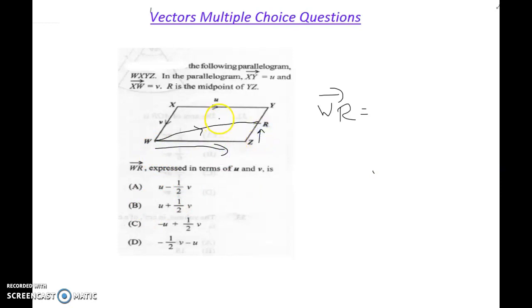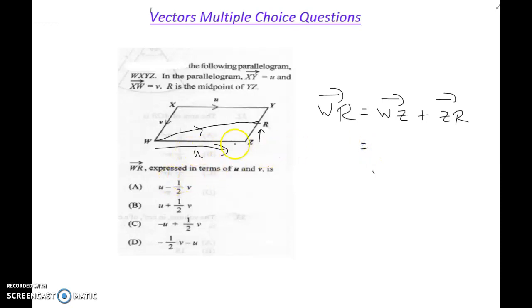Again, it's a parallelogram, so this would also be u. So we're going to say WZ plus ZR. Again, the Z's in the middle are the same, so you're going to remain with WR.